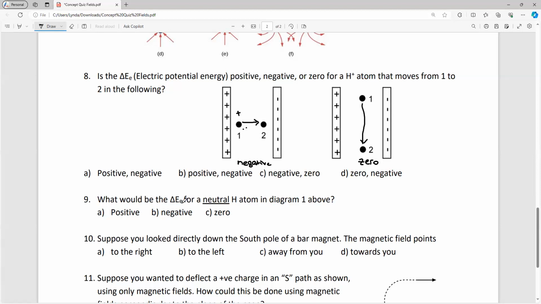Okay, what would be the electrical energy for a neutral atom in diagram 1 above? Okay, so charge is 0. So it's moving between the plates in the first picture.